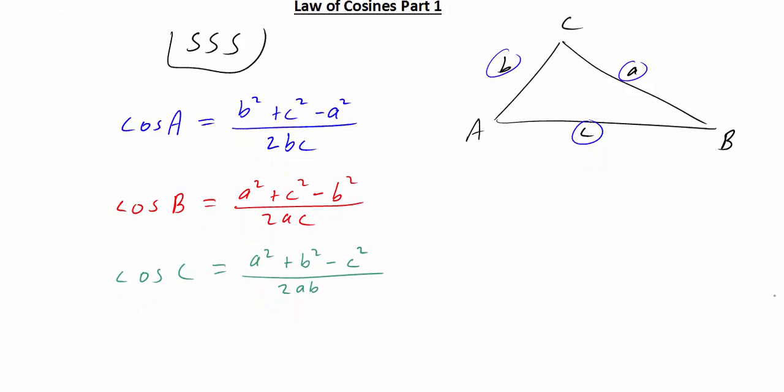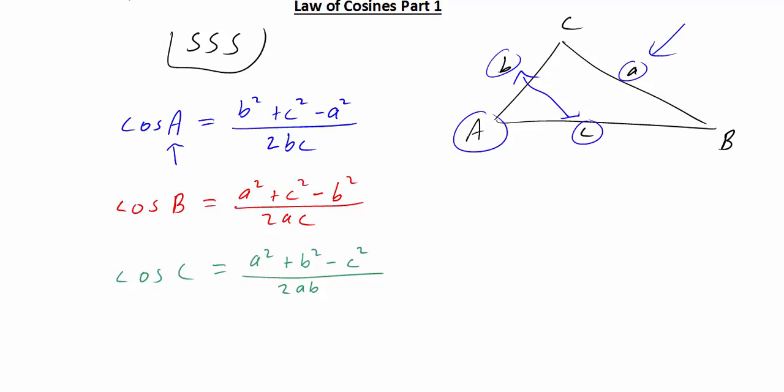So hopefully you can see a pattern here. It depends on what you're looking for. If we're looking for angle A, we take the two sides that make up angle A, side b and c, b squared plus c squared, and the side that we subtract away is side a.